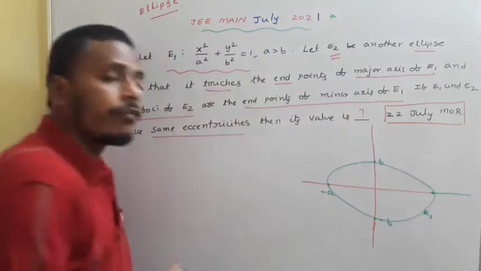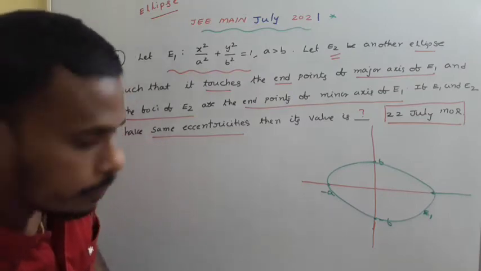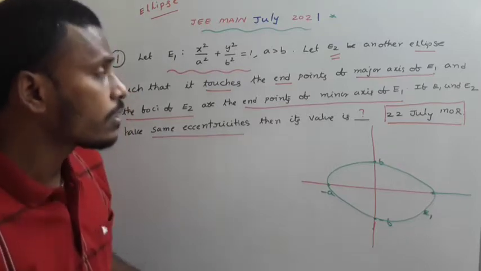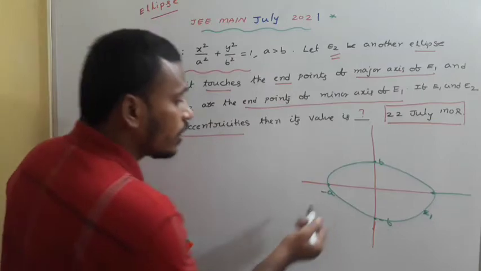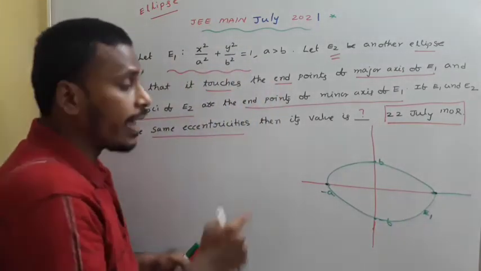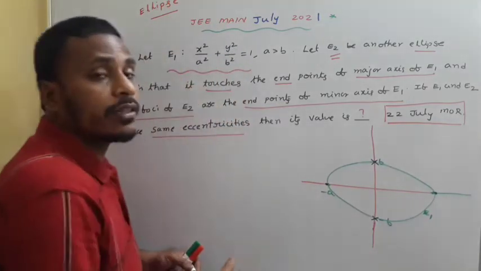Now we need to frame E2. And for that E2, how to sketch it? That E2 touches the end points of the major axis of E1. See, these are the end points of the major axis of E1. E2 touches these 2 points as well. These 2 points are acting like the foci for the second ellipse.